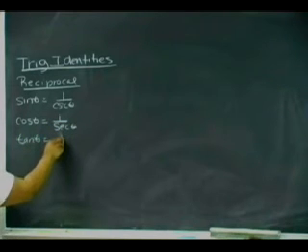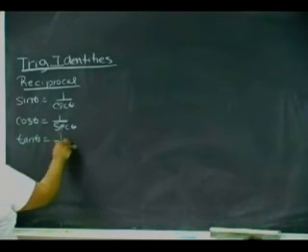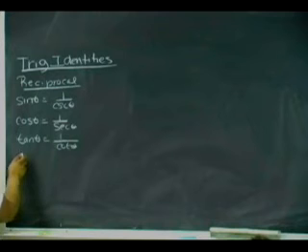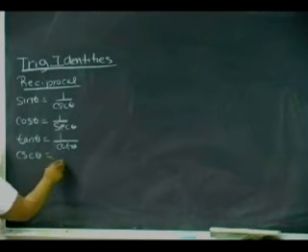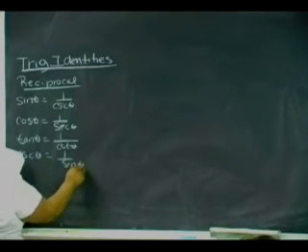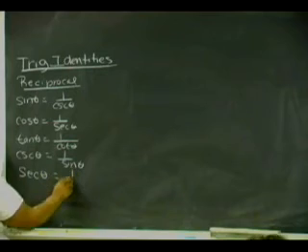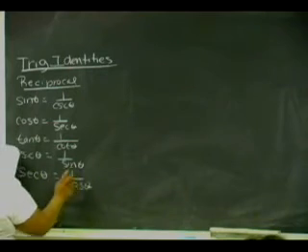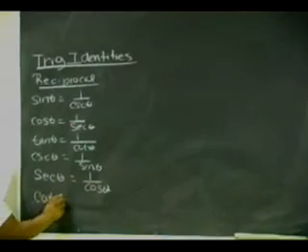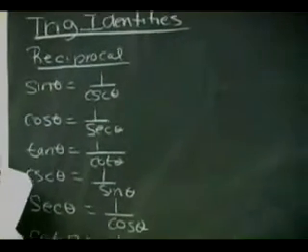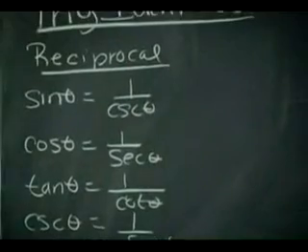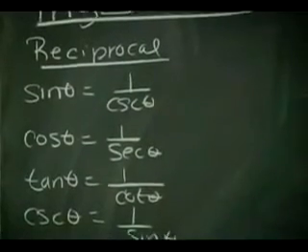Tangent theta, 1 over cotangent theta. We have made mention of these before, I believe, right? Well, we'll make mention again. Repetition does not hurt. It can help, right? And cotangent theta is 1 over tangent theta. All of those are on that sheet there, okay?